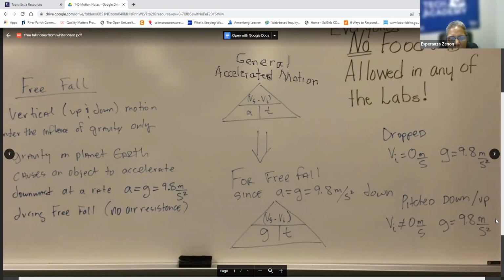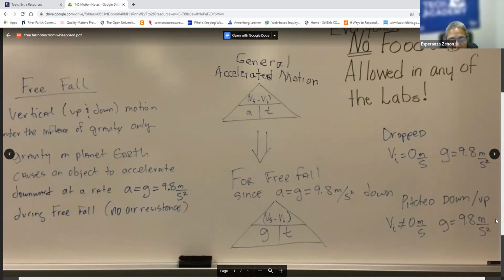This is not about force at all. Because remember, we're doing kinematics. Kinematics, you don't care about force. All I know is I pitched it up or I pitched it down, describe the motion kinematically. Don't tell me about force. Well, if I pitch it down or throw it up, that means its starting velocity is not 0.